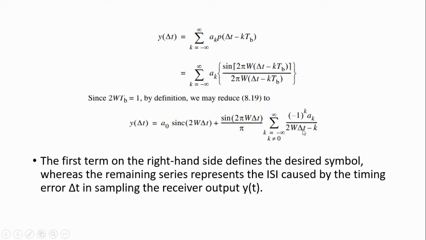The first term on the right hand side is defined as the desired symbol, and the remaining term represents the intersymbol interference.